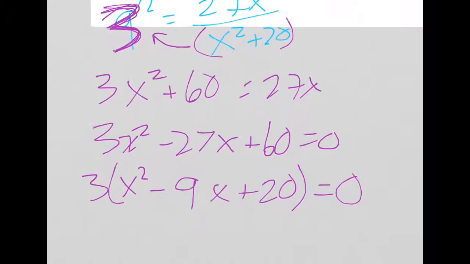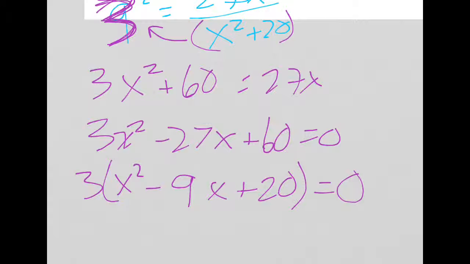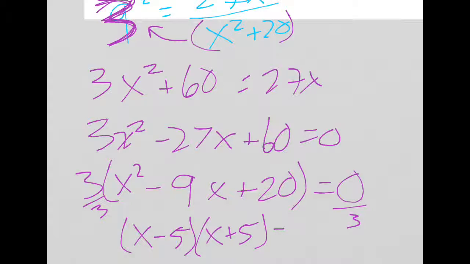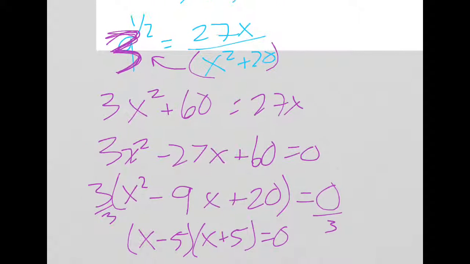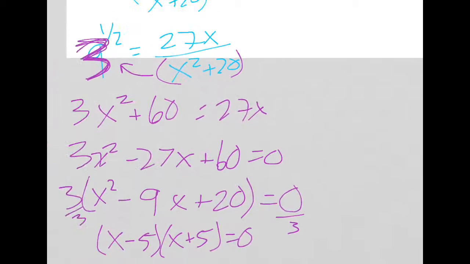And now, finally, sorry, I'm going all over the place. I'm going to divide by 3 on both sides, because then I'll just get rid of that 3 and it won't make a difference. But I am going to factor that inside as x minus 5 times x plus 5 as such. And then using the zero product property, I lied again.